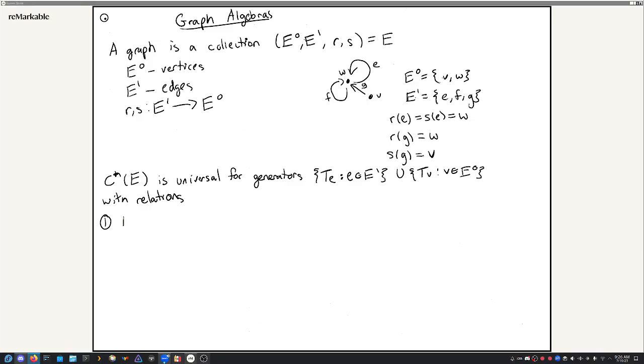First, T sub E star T sub E is T sub S sub E, for, say, an edge E. Second, T sub E, T sub S sub E is T sub E, again for an edge.